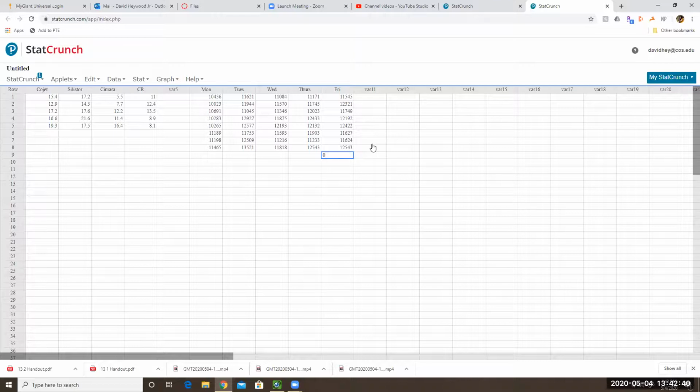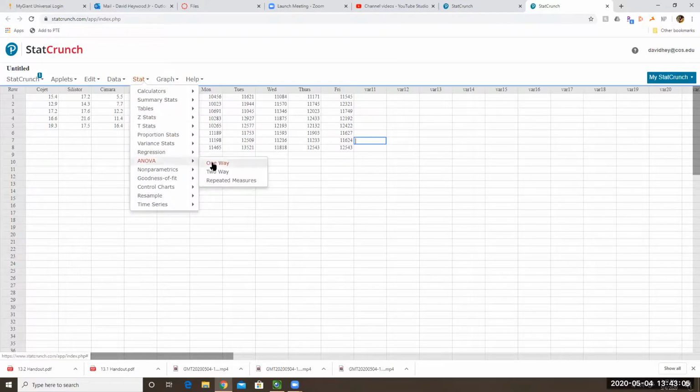It's looking good, though. So far, so good. Thursday. Okay, Friday. Okay, it all looks good except for that last 0, which doesn't need to be there. Okay, let's run the test now.